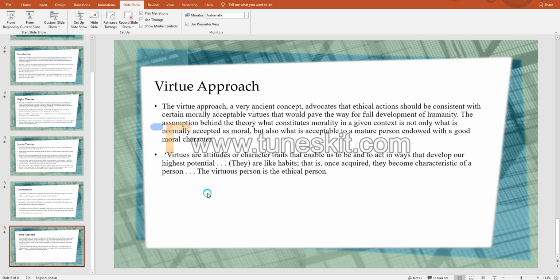These are the theoretical points, and if we have all these things in mind properly and systematically, then definitely we can apply business strategy ethically. We have to apply business strategy ethically.